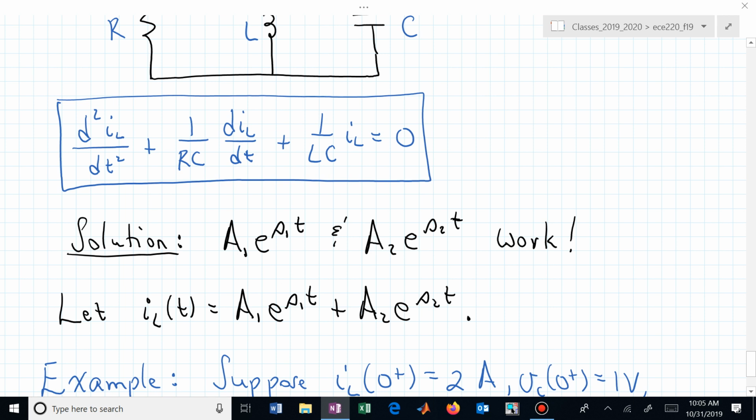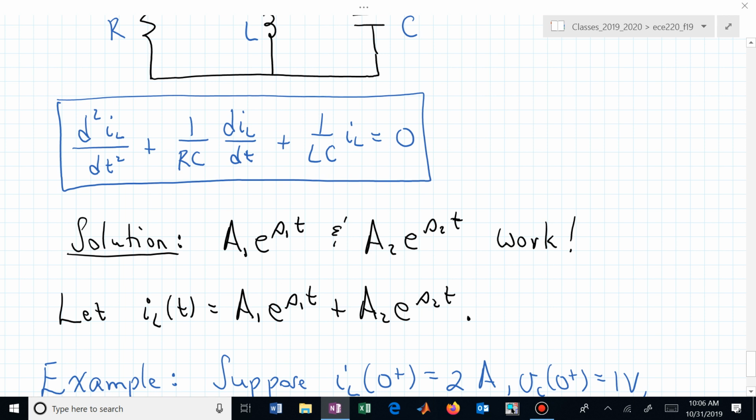If it's purely imaginary, it's just a cosine. If it's real, then it's exponential decay. If it's complex conjugate pairs, then it's an exponentially damped cosine expression.